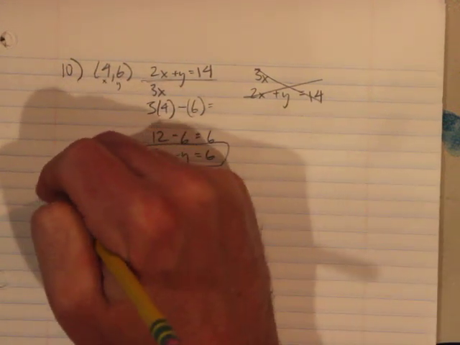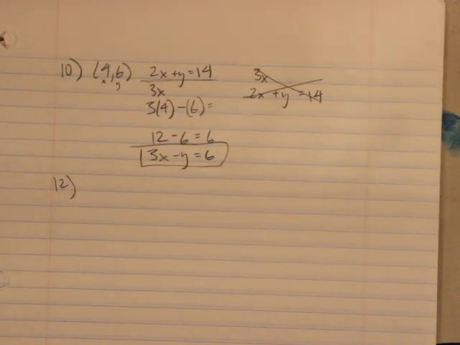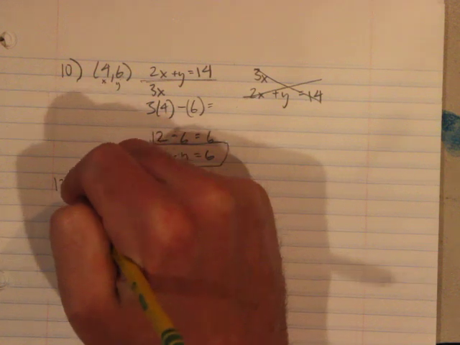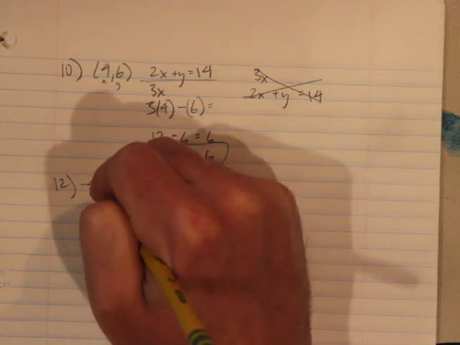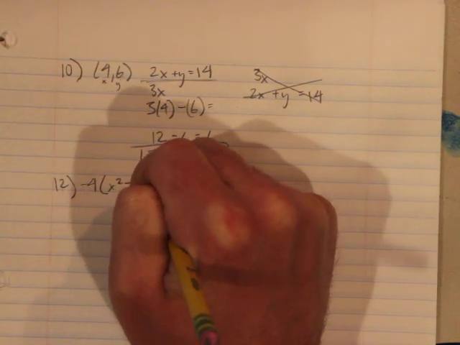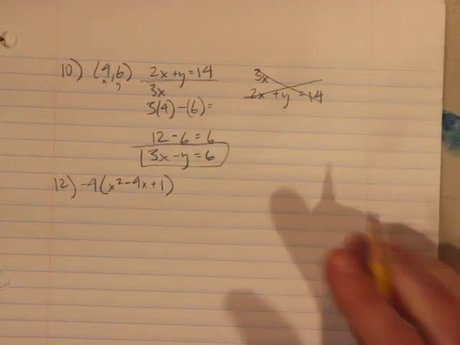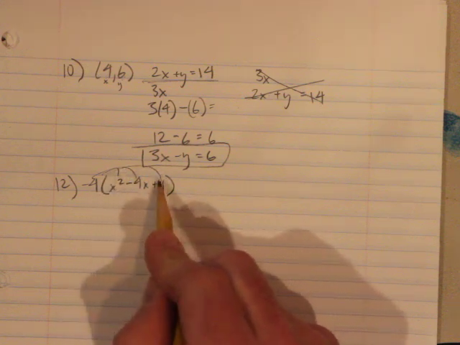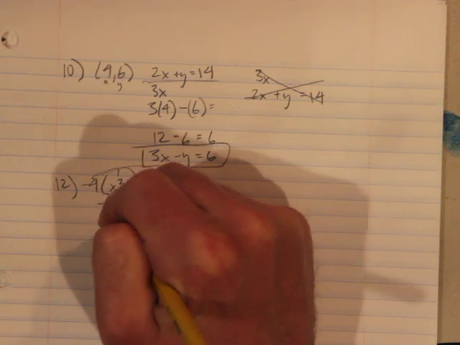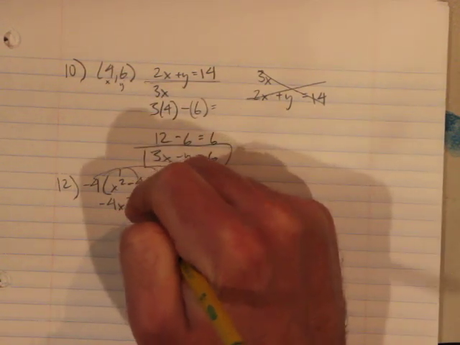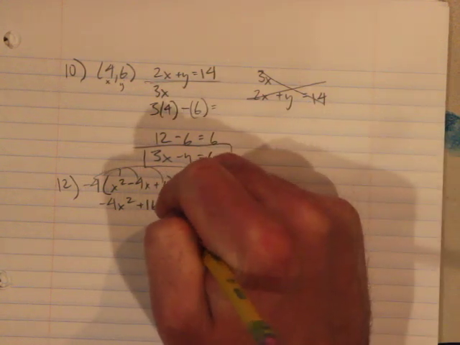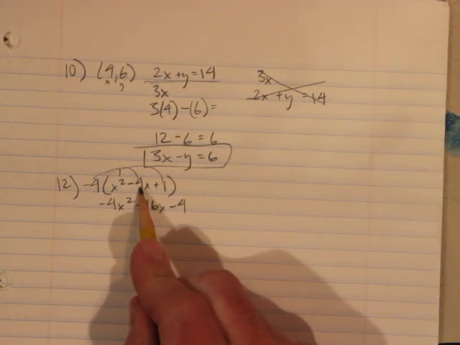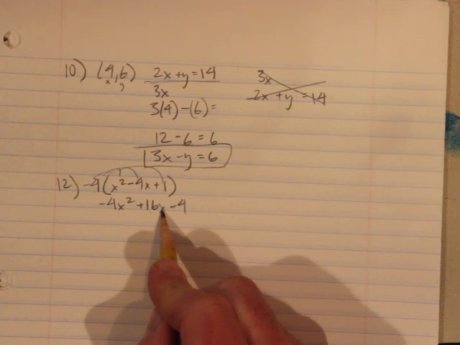Number 12. Multiply. I've got negative 4 times x squared minus 4x plus 1. And this just says multiply. So I'm going to distribute this negative 4. That gives me negative 4x squared plus 16x minus 4. Negative 4 times negative 4x is positive 16x.